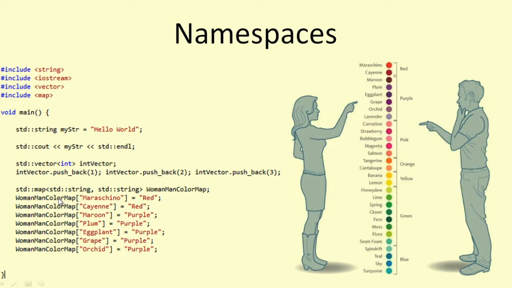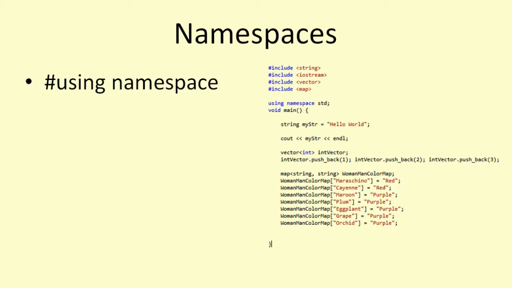So in this case, we're basically setting up this map, and we're saying in the woman to man color map, the color maraschino points to red. So if you then went printf woman, man, color map, maraschino, it would print out red. So it's basically, if you want to communicate to guys about colors, you could use this color map to do so.